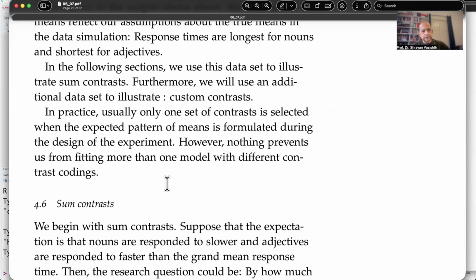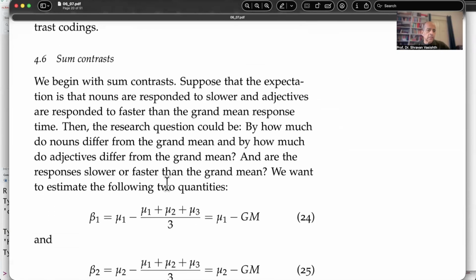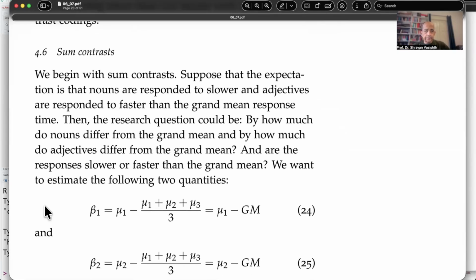In any case, the interesting thing here is the idea of a custom contrast. It could be that you are interested in knowing whether the response times or reading times for the nouns are different from the grand mean, and by how much.